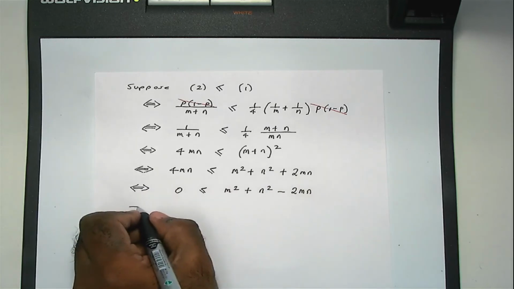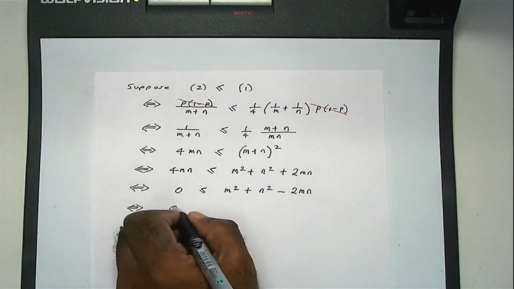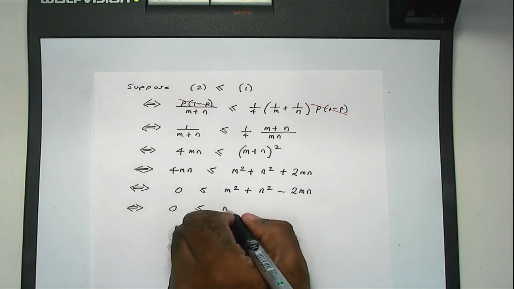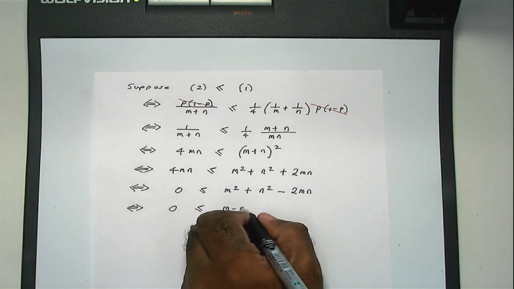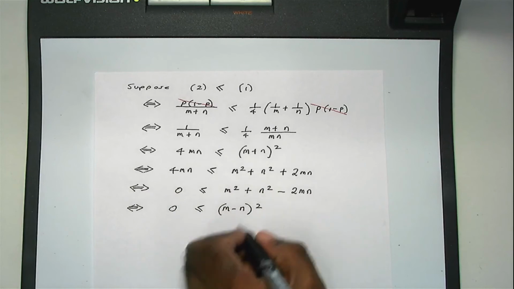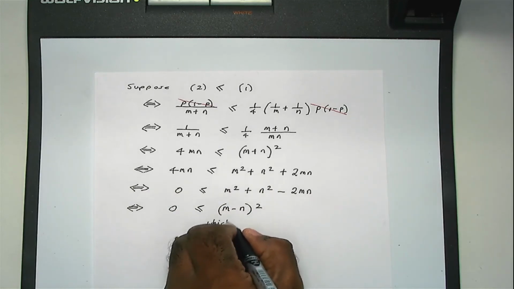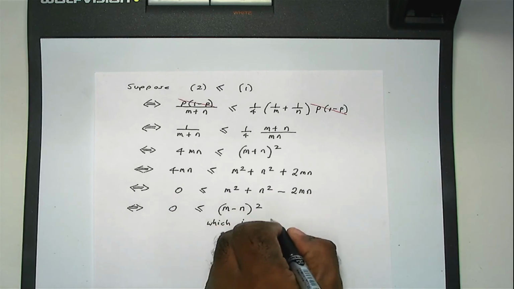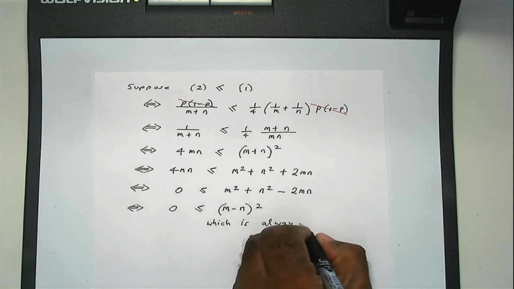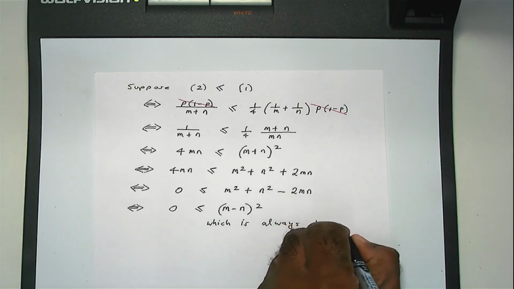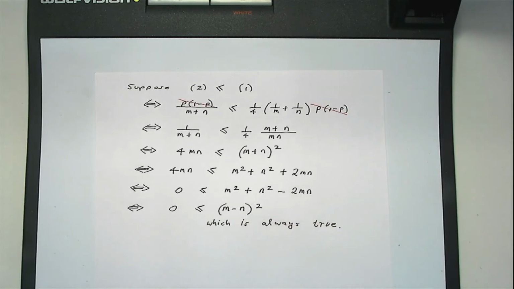And this is the same as saying that 0 is less than or equal to, you can factor this as m minus n squared, right? Which is always true because anything squared has to be non-negative, right? So what this means is that the second estimator has a smaller MSE than the first estimator.